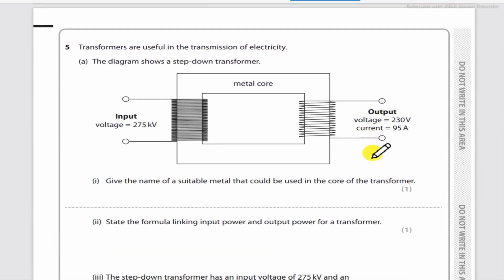Now question number 5. Transformers are useful in transmission of electricity. A. The diagram shows a step down transformer. What is transformer? Transformer is an electrical device which can convert one level alternating current or voltage to another level, and vice versa.